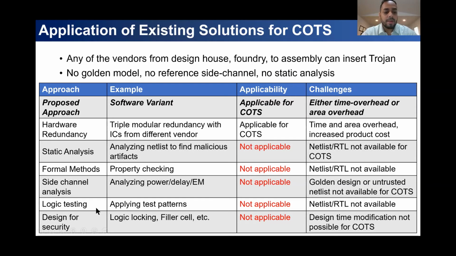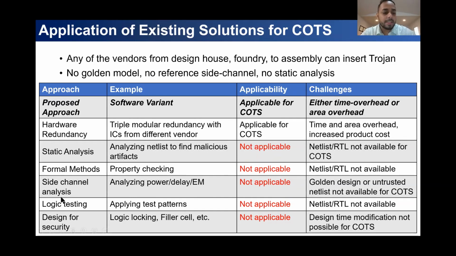If you want to apply logic testing like MERO or MARS type of techniques, you need to apply test vectors which are guaranteed to activate hard-to-activate nets within the design. But to generate such intelligent test patterns for detecting Trojans, you need access to the netlist from which the chip was fabricated. For COTS, you do not have access to the netlist, so you cannot generate such patterns.